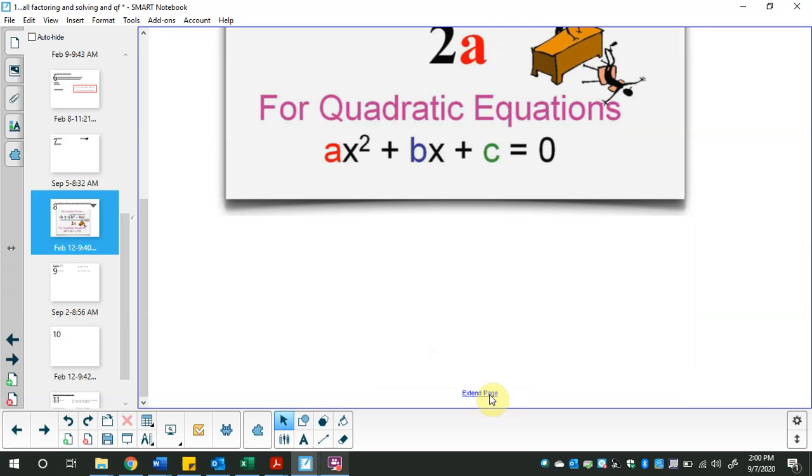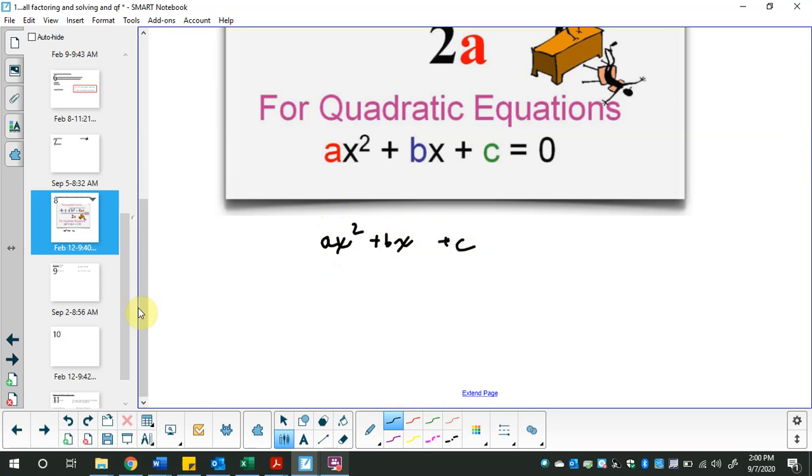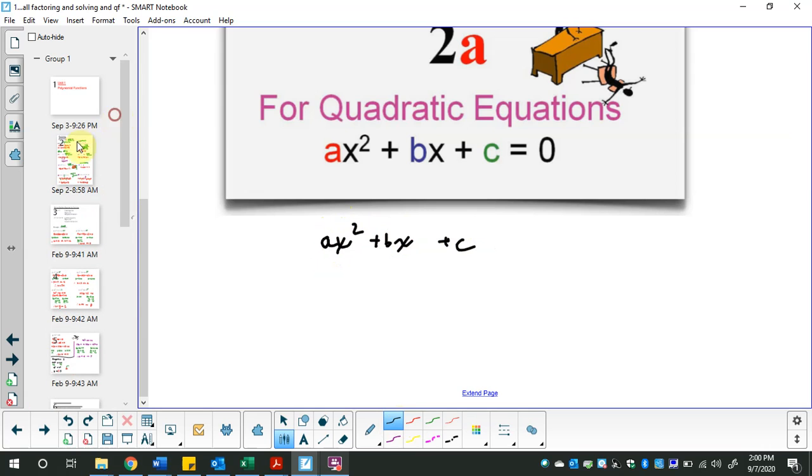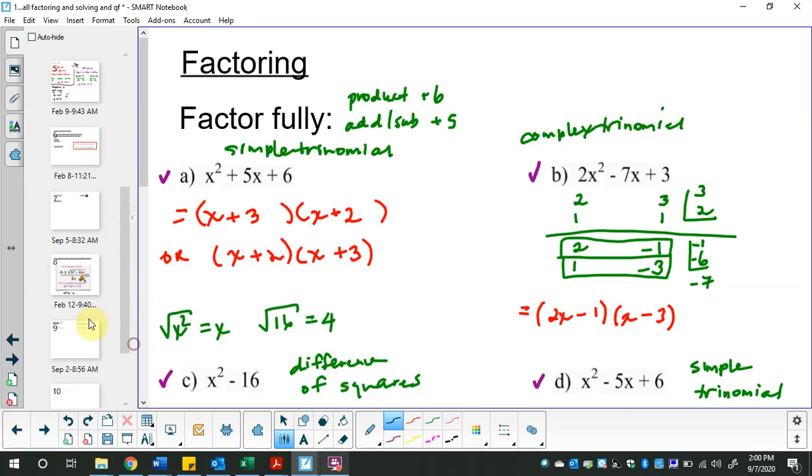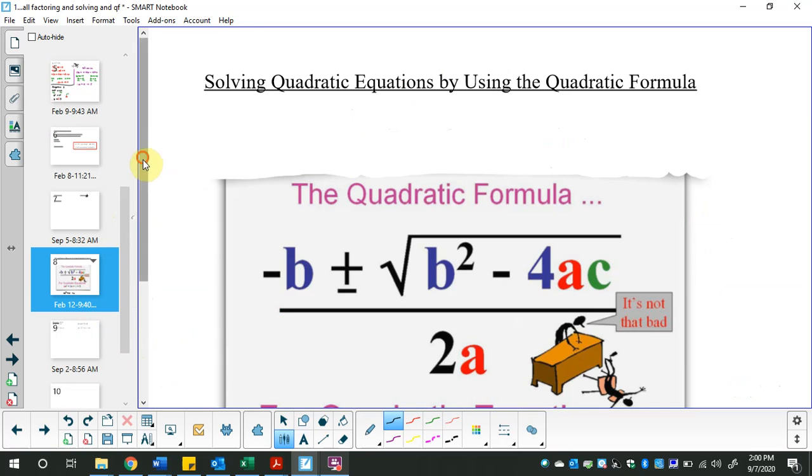If you don't have the equal 0, and you just have ax squared plus bx plus c, which looks like a simple trinomial or a complex trinomial with no right or left-hand side, you no longer have a quadratic equation because you don't have an equation.